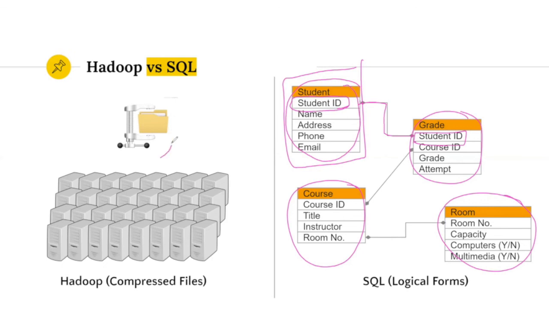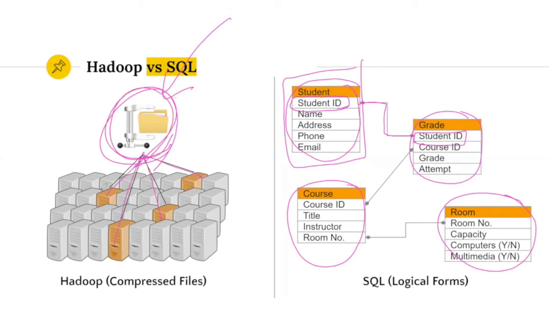Whereas in Hadoop, interestingly, what happens is a new data comes in, and what HDFS does is just compress the data and then distribute the data to multiple data nodes. So what it does is essentially compress the file and then make a copy of that file to multiple locations.